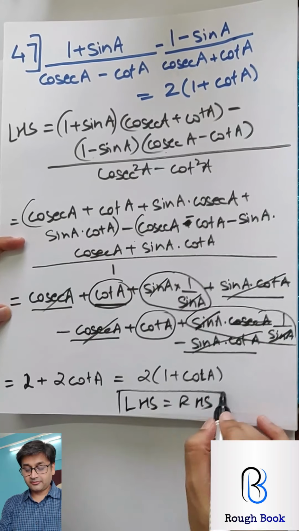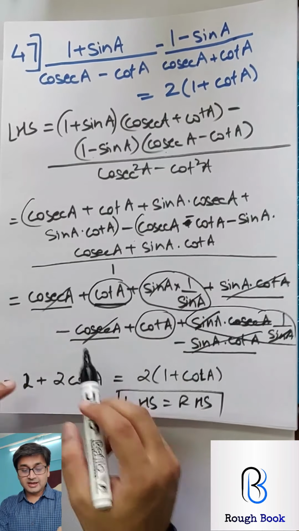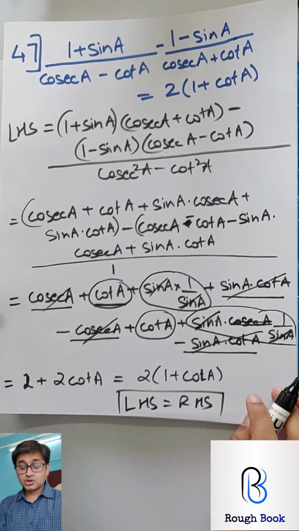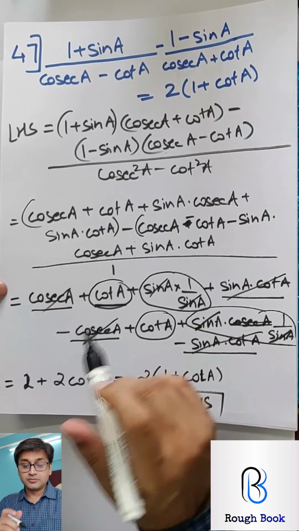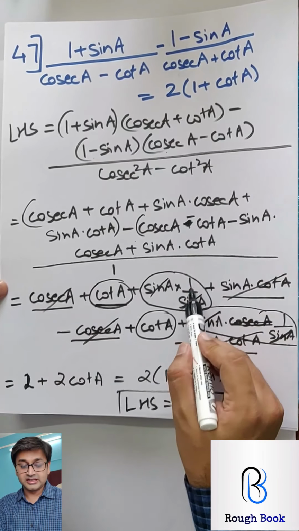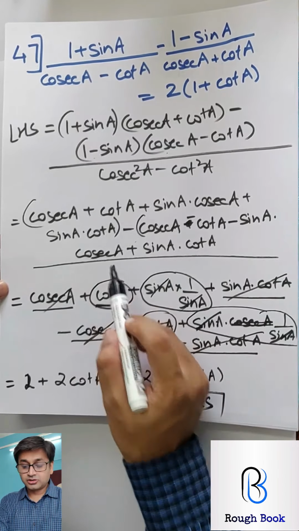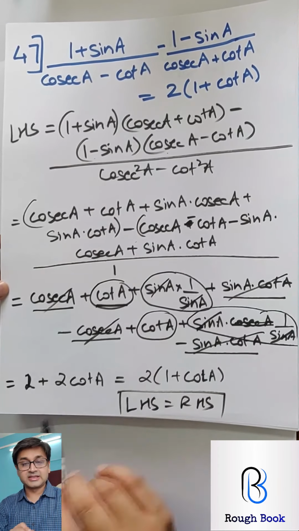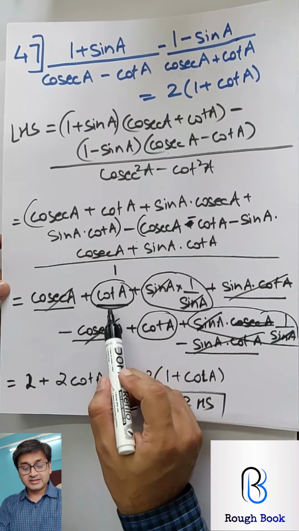Absolutely. And therefore we can say this. Only this step is a little bit of a cluster, so you'll have to look at this carefully. The most important thing is converting this cosec as 1 upon sine, and here also cosec as 1 upon sine, so it gets cancelled. Everything gets cancelled in the end.